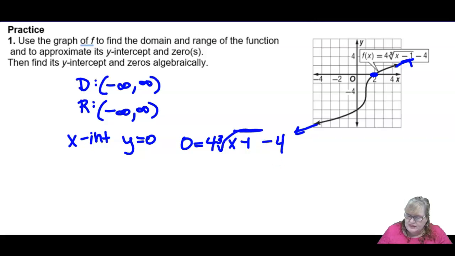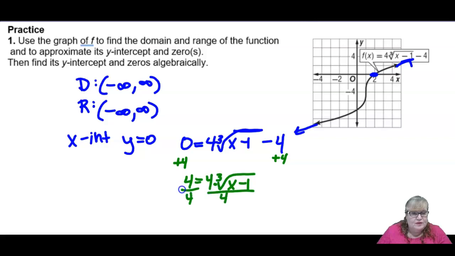To solve this, we need to isolate the radical, so we'd add 4 over here, and we'd have 4 equals 4 cubed roots of x minus 1. Then this is a multiply, so we need to divide by that 4, and we'd get 1 equals the cubed root of x minus 1.